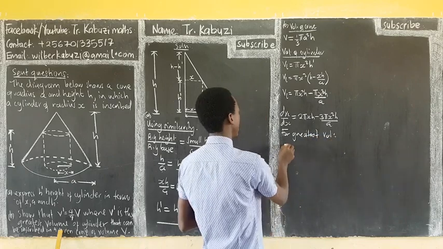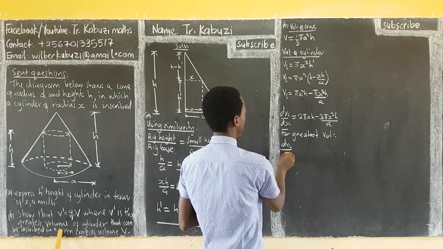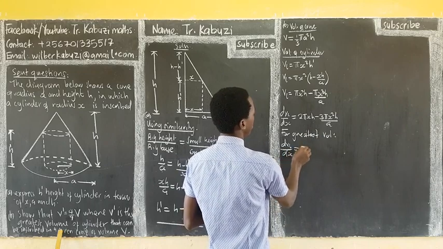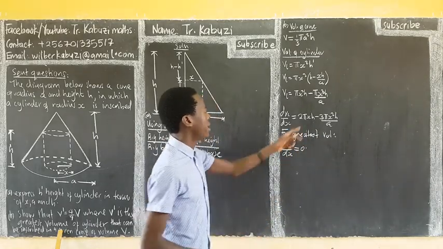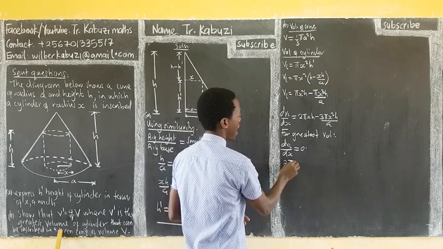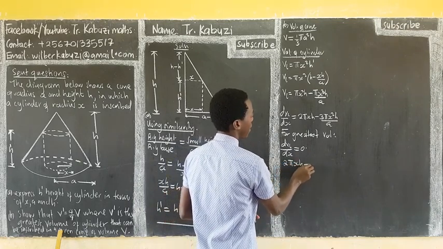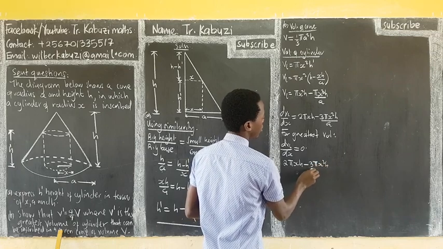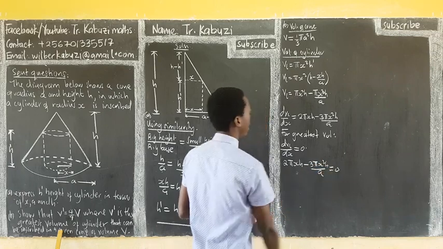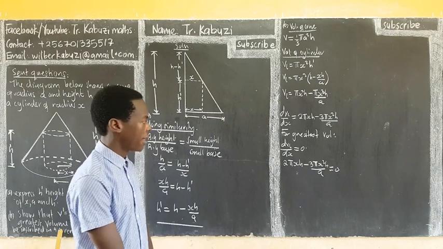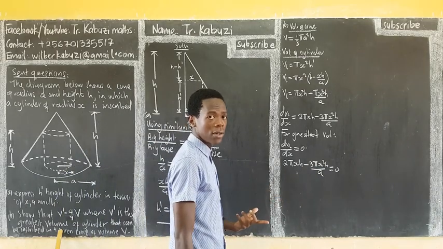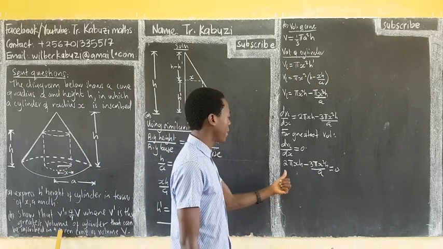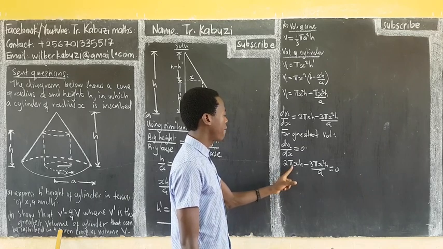But for greatest volume, we always say that dV_L/dx is equal to 0. So meaning 2 pi xh minus 3 pi x squared h over a is going to be equal to 0. So now we give the reasons there. You can go and list them. What is common is pi xh.